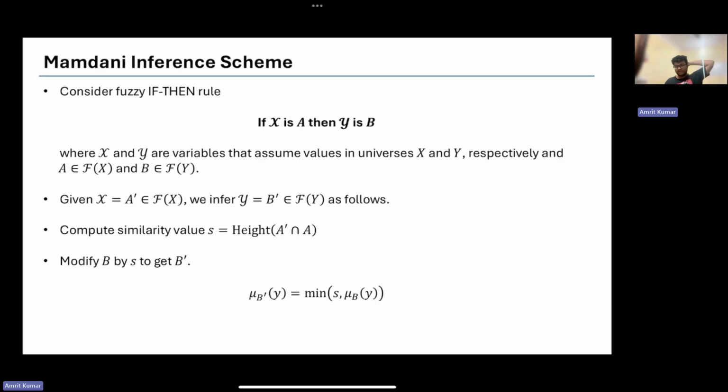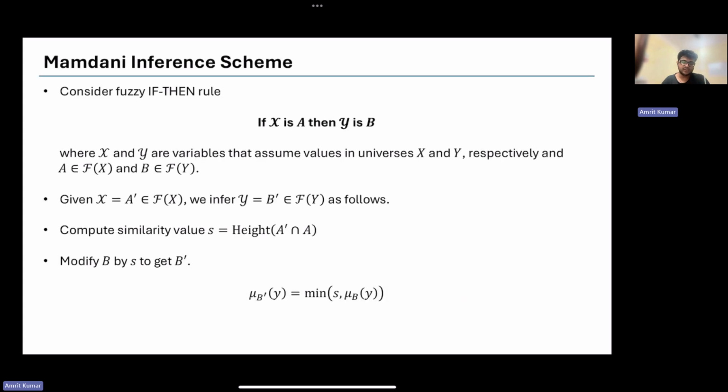So we have talked about the Mamdani inference scheme, but if you look a bit carefully, as of now, we have only dealt with one fuzzy if-then rule. And this fuzzy if-then rule was also very simple. Why simple? Because it involved only one input variable x and one output variable y.